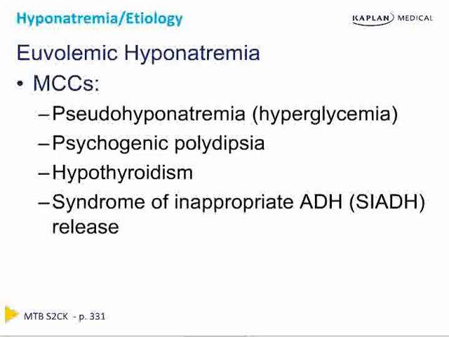The ones to remember for the USMLE are SSRIs, sulfonylureas, vincristine, cyclophosphamide, or tricyclic antidepressants. Also, a highly testable cause of SIADH is small cell lung carcinoma. This cancer actually produces antidiuretic hormone, so patients with small cell lung carcinoma are going to have high levels of circulating ADH.